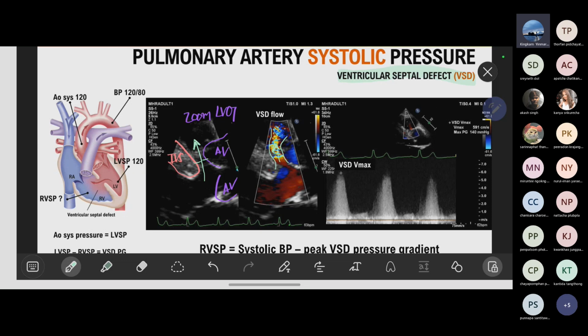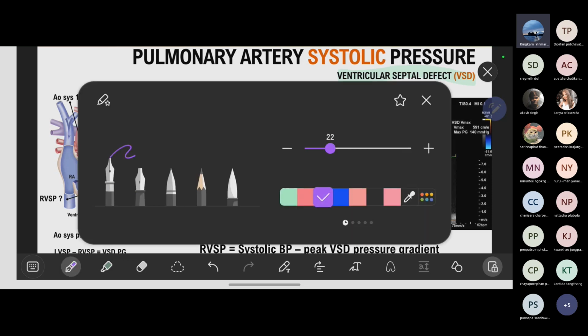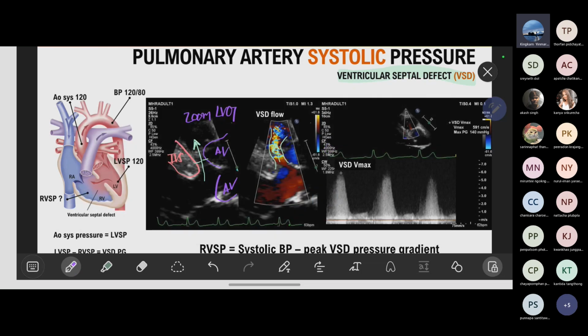A patient with VSD has blood pressure, for example, 120/80. 120 is aortic systolic pressure, right? So aortic systolic pressure is equal to LV systolic pressure when the aortic valve opens.